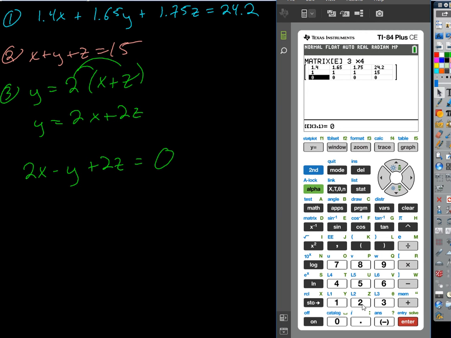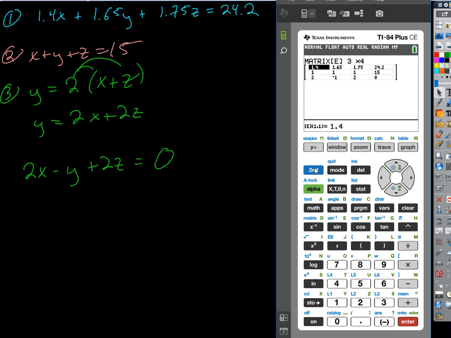And then 2, -1, 2, and then 0. Now, what if I had an equation that was missing an x or a y or something? What would I do? Put in a 0 coefficient, right? The location of that -1 matters, because it's the coefficient of y. Okay, so there's my matrix.